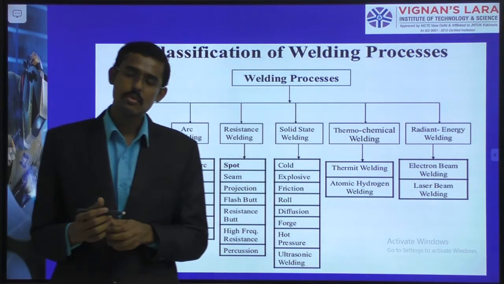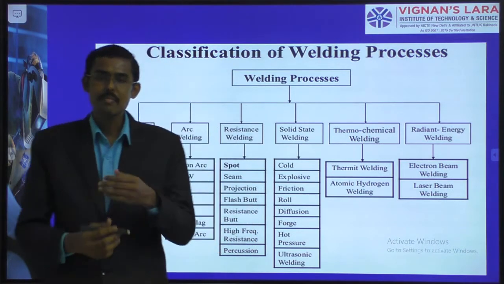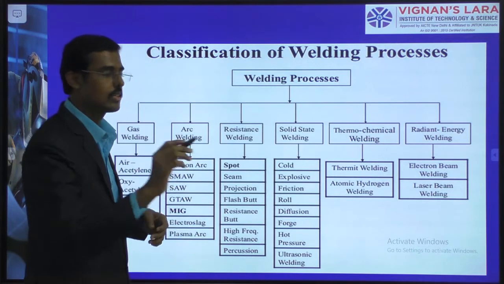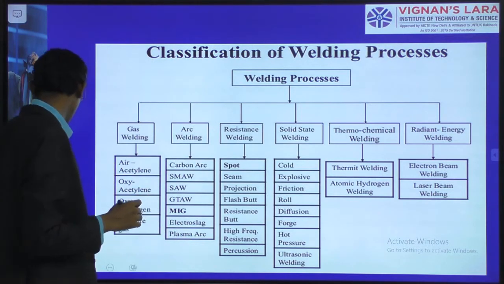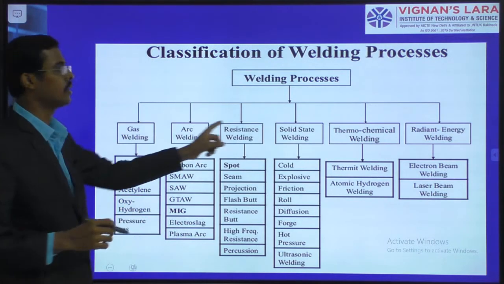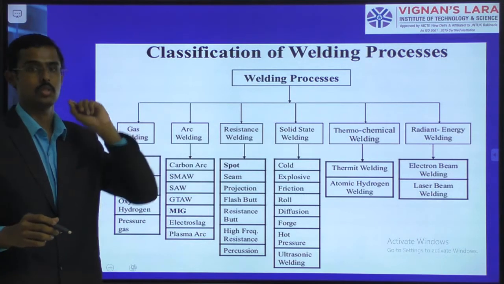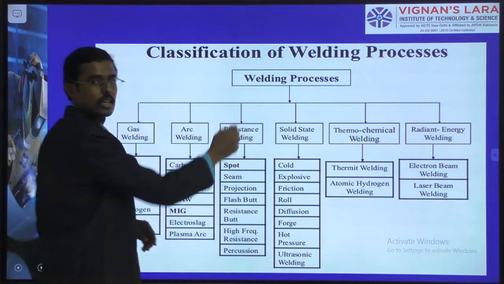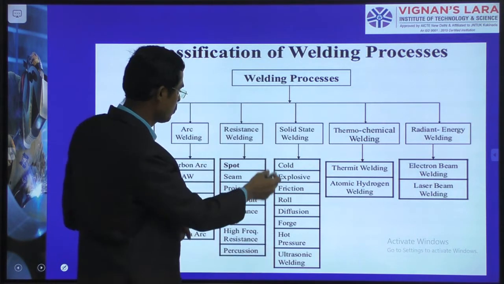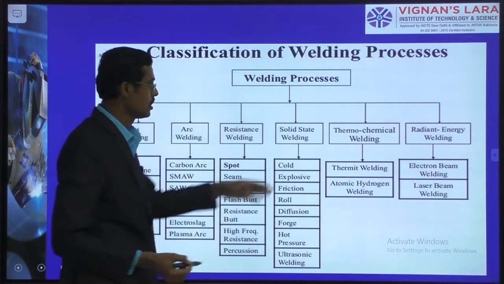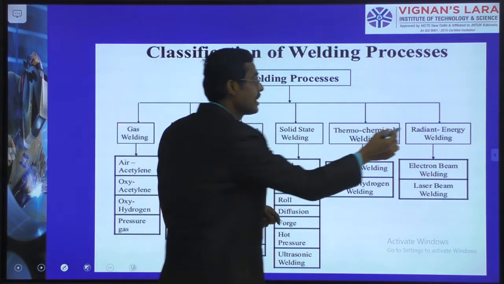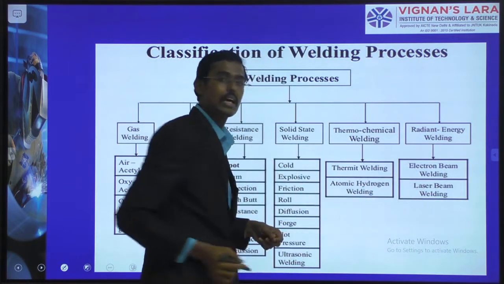In today's class, we are going to see some other types of welding operations. Previously, we have seen welding processes with respect to heat sources, such as gas welding, electric arc, resistance heating, mechanical energy processes like explosive, friction, and forging, chemical reactions of thermal welding processes, and other radiant energy processes of electron beam and laser beam.